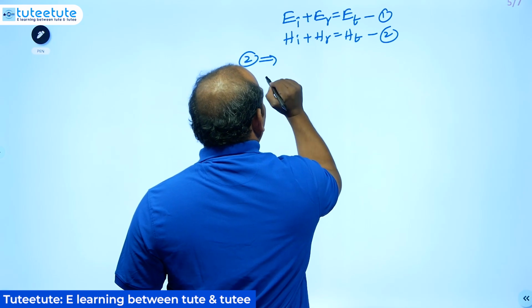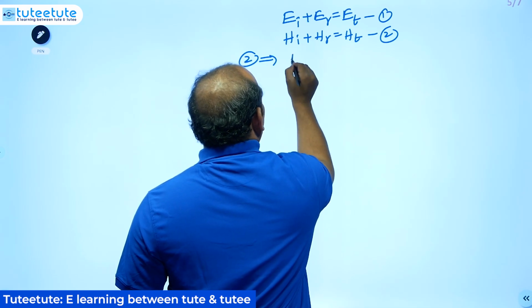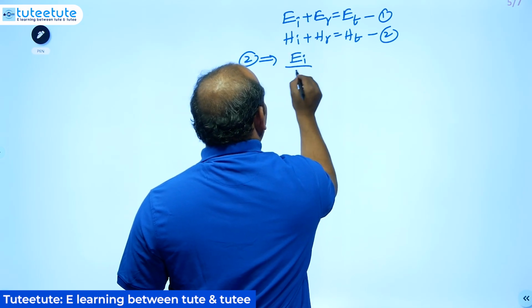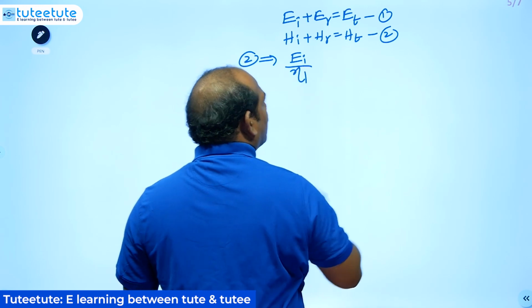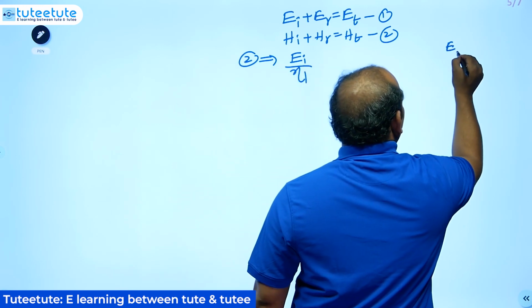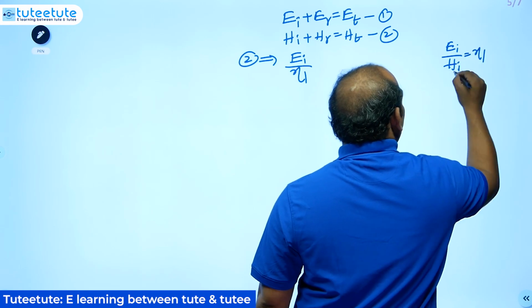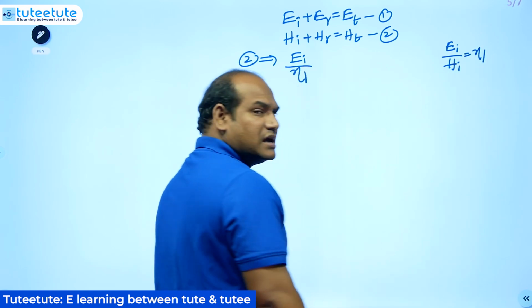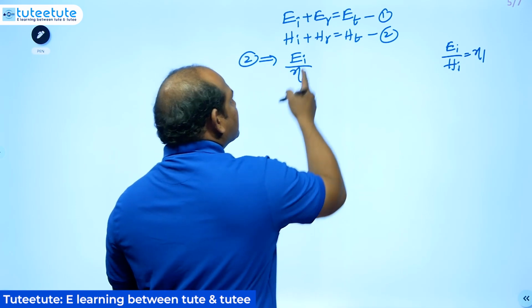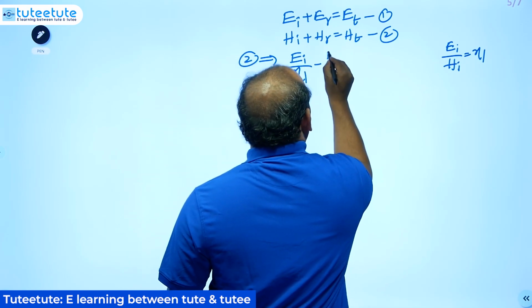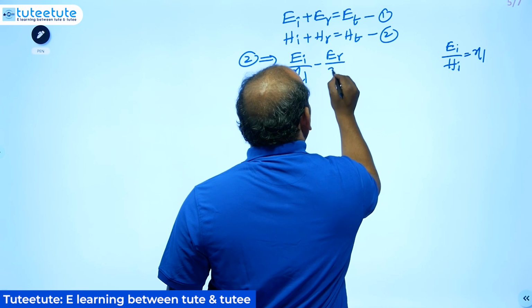This particular magnetic field of the incident wave can be written like this, that is EI by eta 1. How did I write this? Since EI by HI is equal to eta 1, HI is equal to EI by eta 1. Next, this HR can be written as minus ER by eta 1.